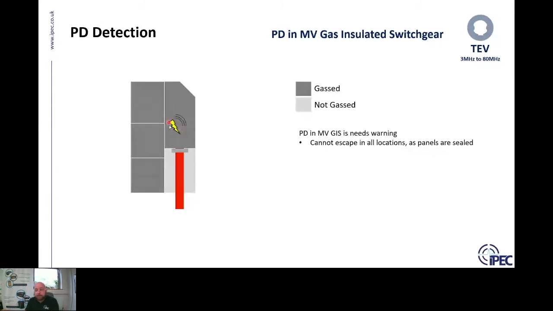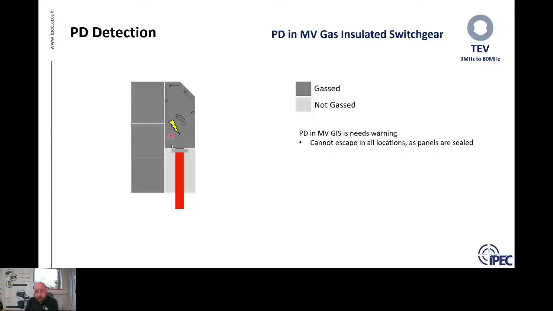And so what happens on GIS is, as the PD occurs, the PD will be trapped and remain inside the gas compartment and cannot escape, because this is sealed. So unlike air insulated switchgear, where the PD will come out through the gaps in the panels, this is sealed, and therefore it cannot come out. However, there are a few points on the medium voltage network where PD can maybe occur.